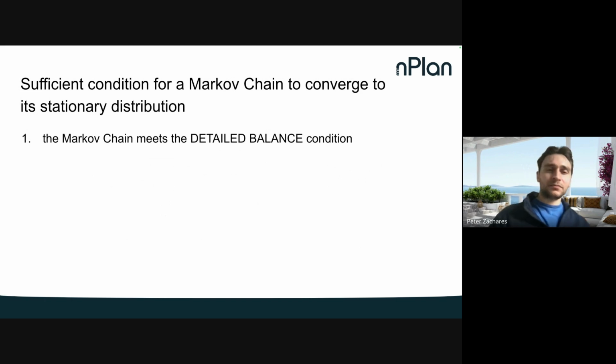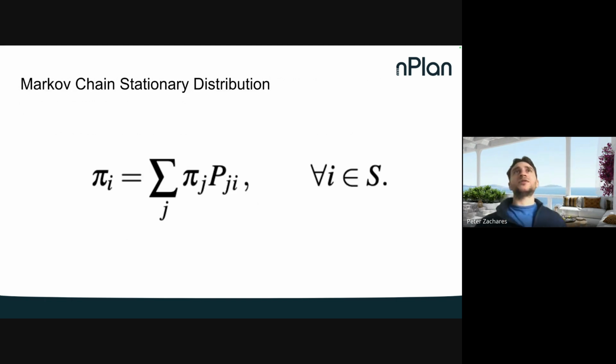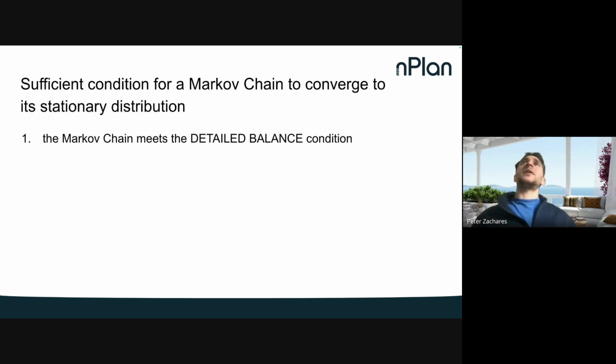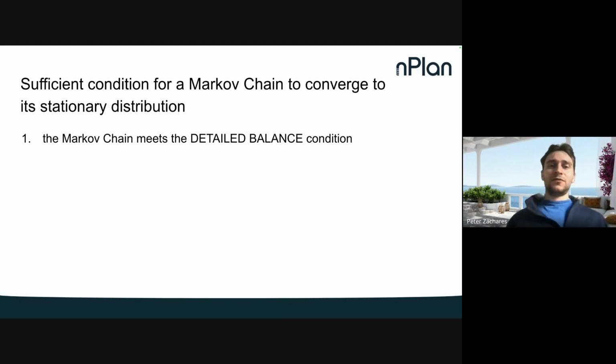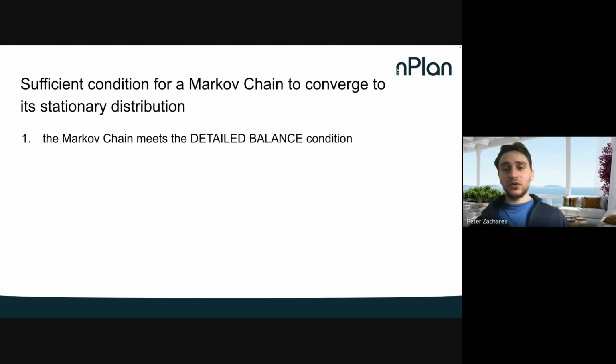Okay, so we've reviewed stationary distributions, and then what's the sufficient condition for a Markov chain to converge to its stationary distribution? This isn't the only one.